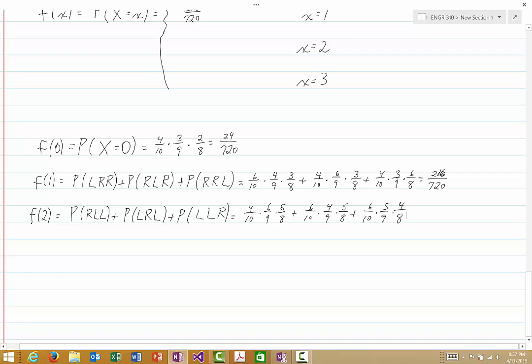And you can see indeed in the top, 4 times 6 times 5, 120, is always the numerator, and the denominator is also always 10 times 9 times 8. So all 3 of these are the same. And what is it equal to? Okay, 4 times 5 is 20, times 6 would be 120, times 3 is 360 over 720.